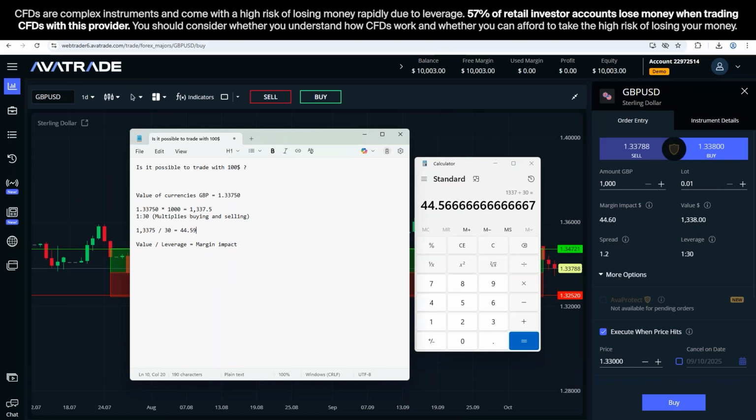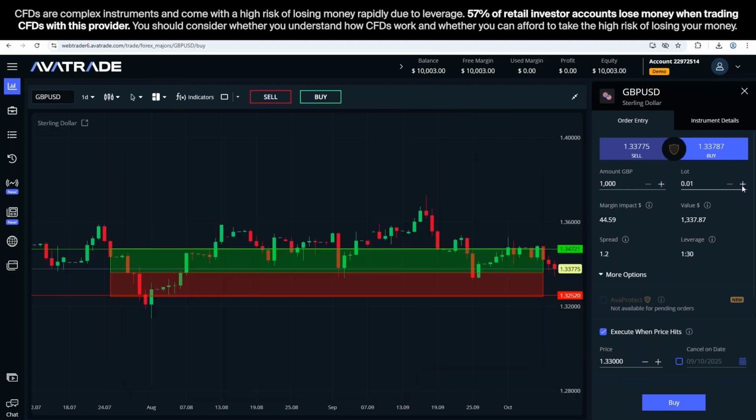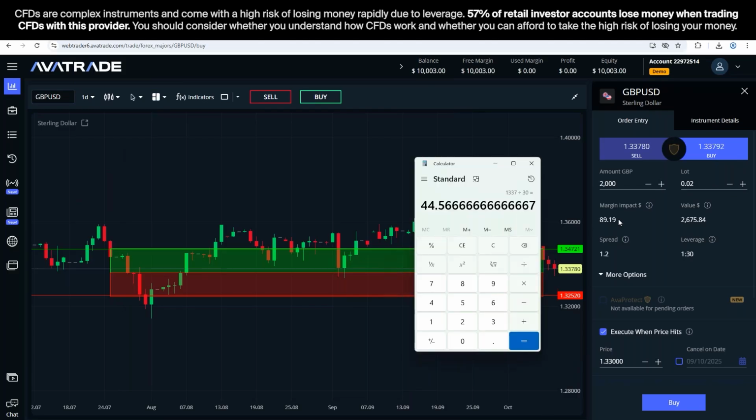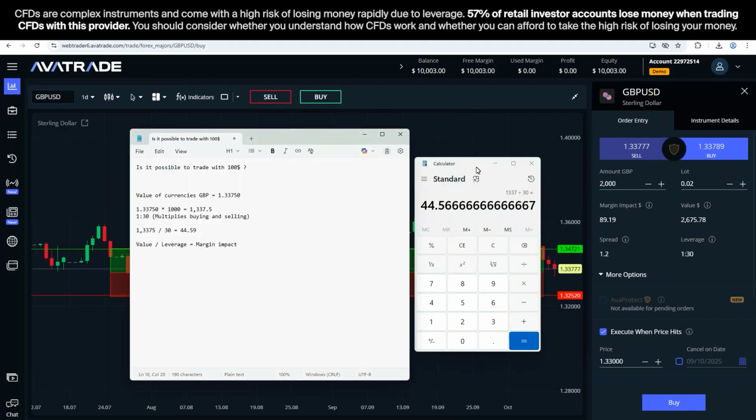This will require me to use almost 45% of my available margin in case I would have 100. Yeah, we have 10,000, so for us it doesn't make a lot of difference. So for instance, if I go 0.02, I'm already at 90% usage of my available margin.